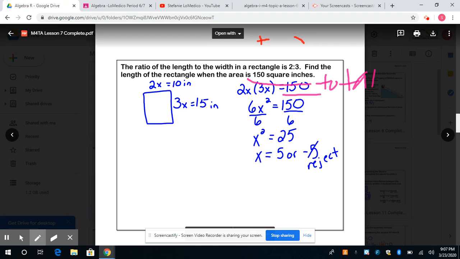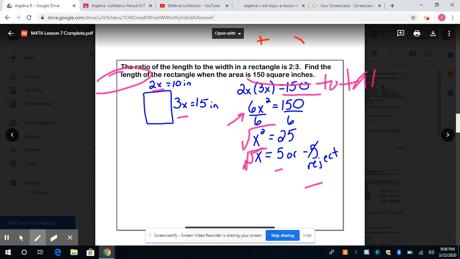We have a ratio of 2:3. We don't know what that value is that they're multiplying the 2 and the 3 by. So that's why we're putting 2x and 3x. They're saying find the length. So when you find x, that's not your answer. And here, look, it turns into a quadratic. So you're getting x by itself. Take the square root.